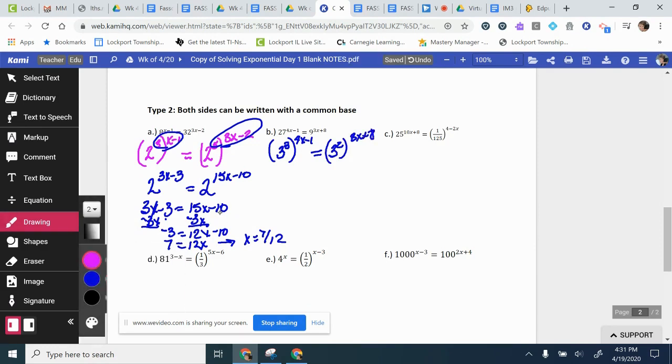And now I'm going to use my properties of exponents, and I will have 3 to the 12x minus 3 equals 3 to the, I had here with a 3x, 2 times 3 is 6x, and 2 times 8 is 16. Now I can set the exponents equal to each other and solve for x.